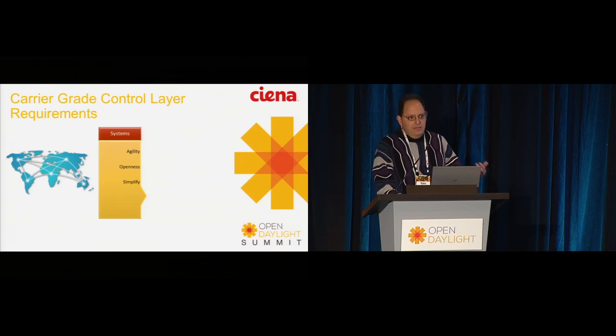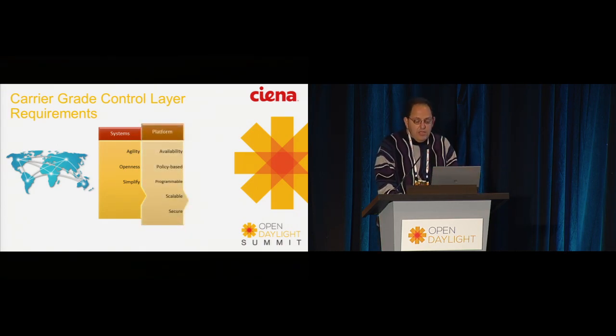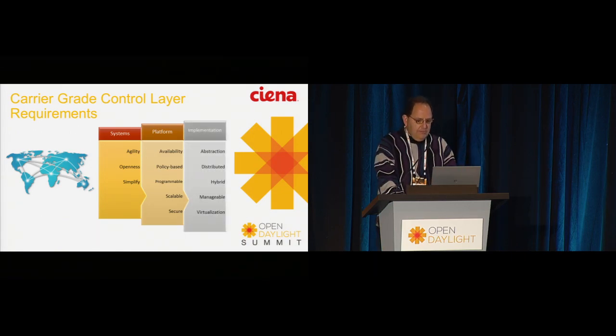The survey information that I shared with you a little bit earlier confirms that, and reality confirms that. If we look at the platform, high availability. We need a policy-based mechanism to allow us to, in essence, control communications and connectivity. We need programmability, really key. Scalability, security.